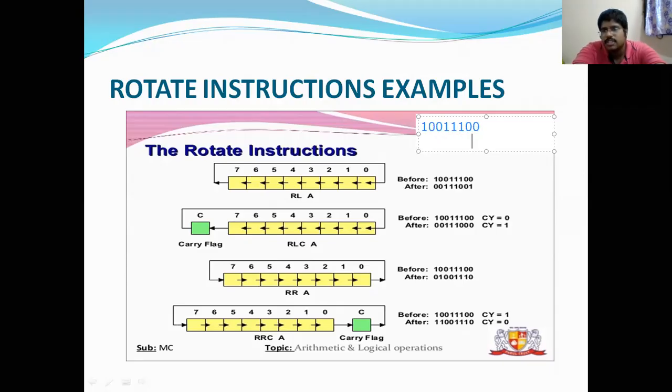Left shift means the value present in the LSB is going to move to the next place. That means the 0 will come here, and the next 0, the 0 will come here.